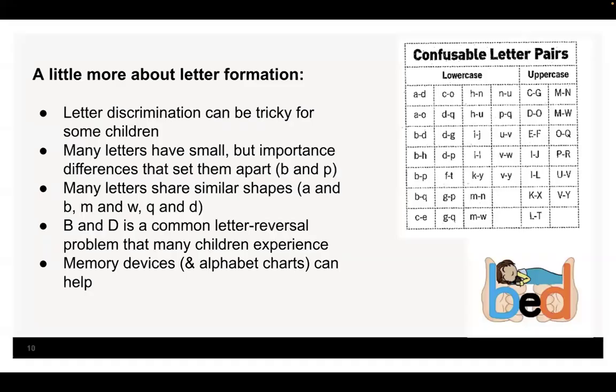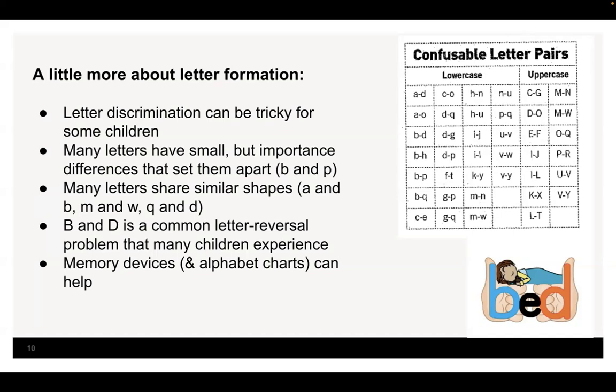Make sure that you keep in mind that letters can be really, really tricky to children who don't know them. A lot of these letters look very similar or can be easily confused because if you flip it or turn it a certain way, it looks exactly like another letter. So keep that in mind when you are working with early learners.